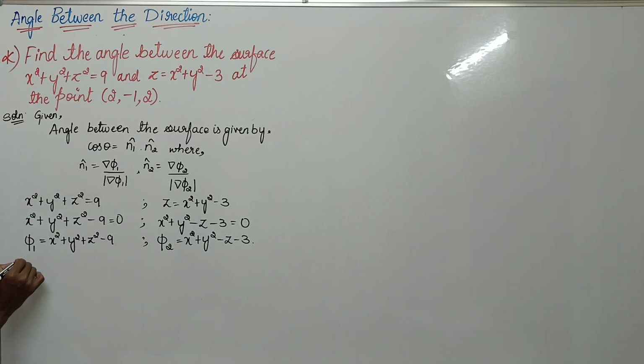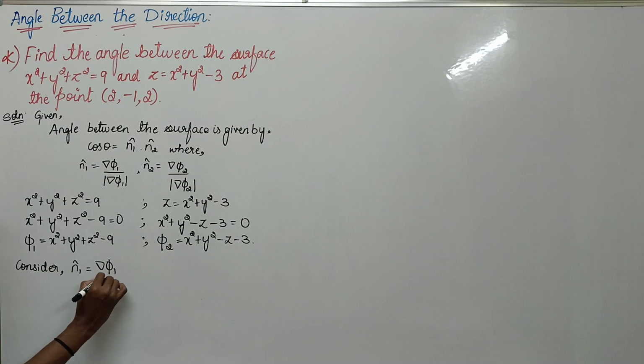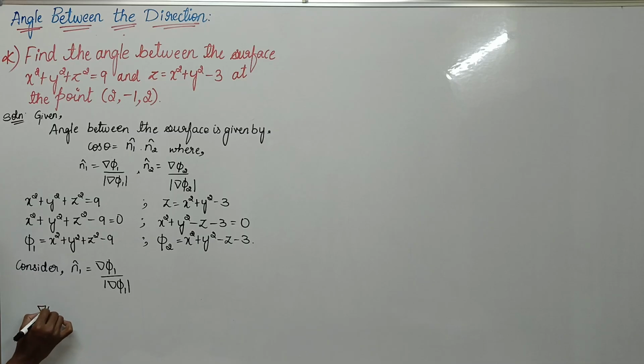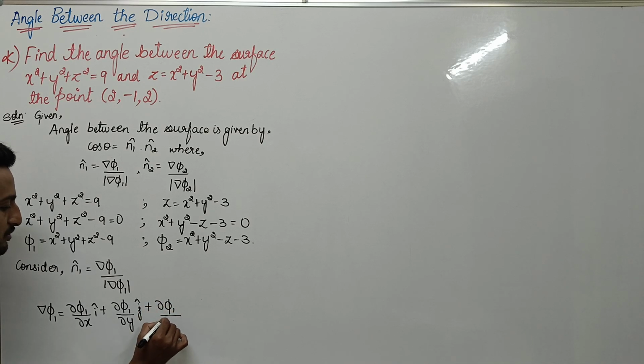What is our n1 cap? n1 cap is gradient phi1 divided by modulus of gradient phi1. Gradient phi1 is dou phi1 by dou x i cap plus dou phi1 by dou y j cap plus dou phi1 by dou z k cap.